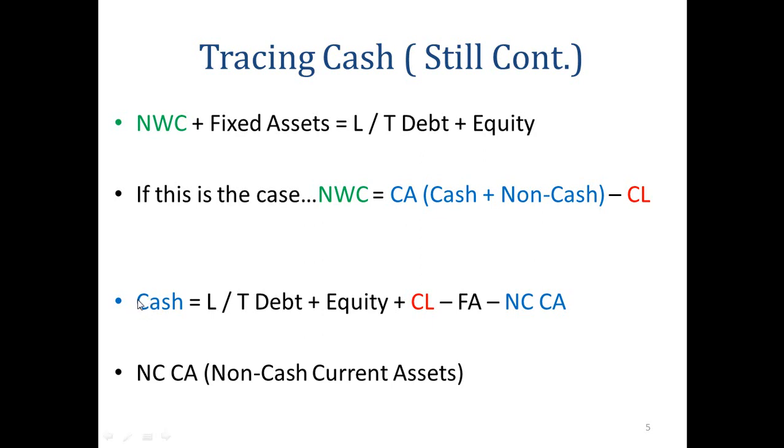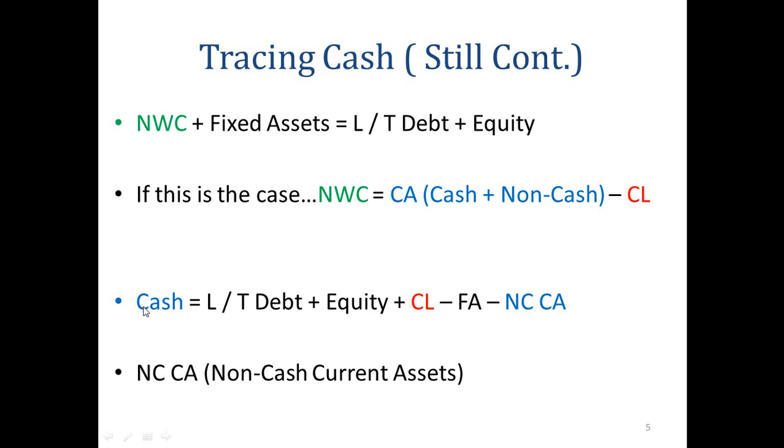So let's look at what we can do. We can take the cash and keep that on the left-hand side of the equation and move everything else over to the right-hand side. So we have cash equals long-term debt and equity, which is already on the right-hand side. Now we need to bring over CL, it's positive, minus the fixed assets, minus the non-cash current assets, the NCCA.